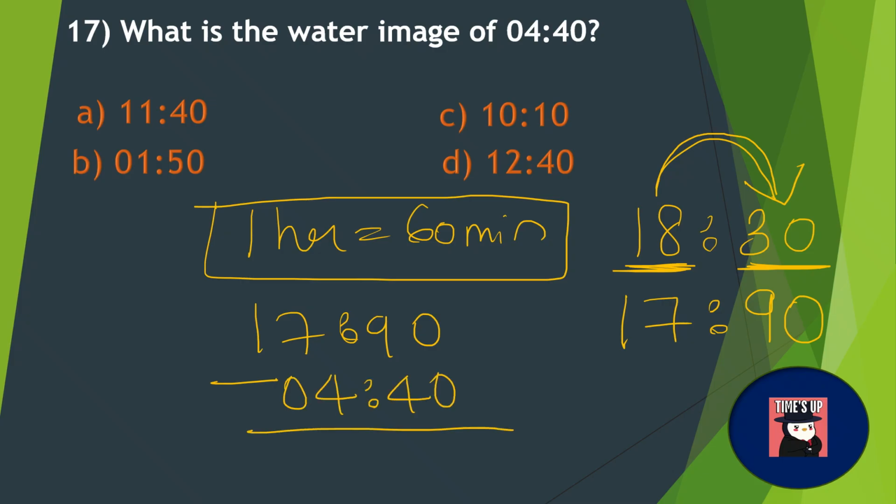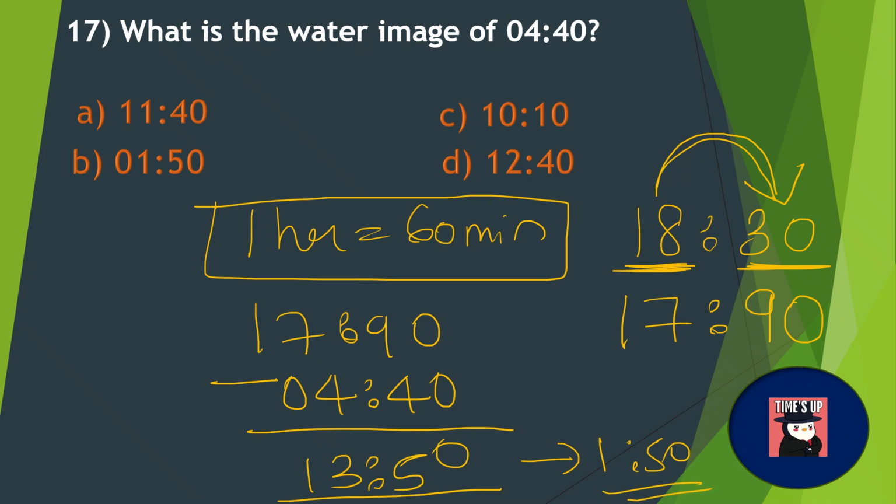Now it is possible to subtract. Correct? So how much it will be? This is 5. So 1350. 1350 means what? 13 meaning 150. 150 will be the answer. That is B is the correct option.